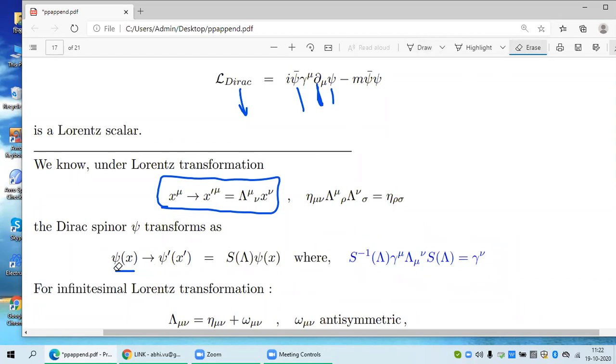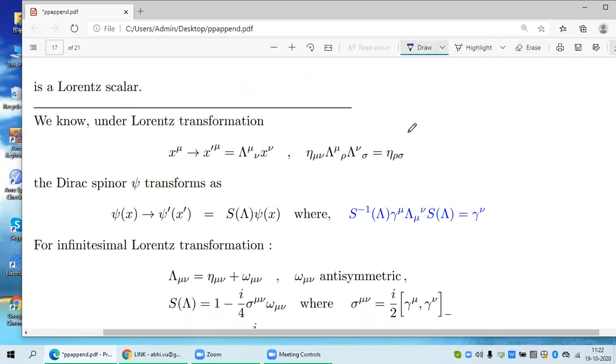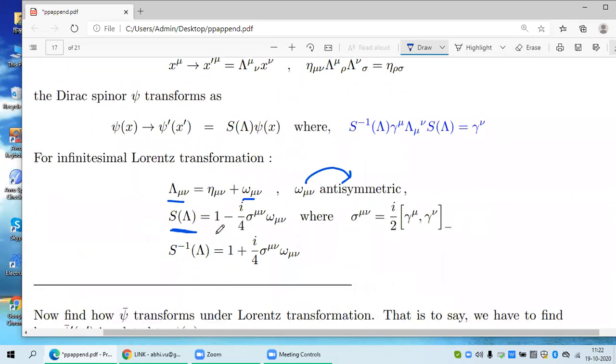Now I will also make use of this fact: if this Lorentz transformation is infinitesimal, where the parameter is antisymmetric, then this S has this form, which I have derived in the class, where sigma mu nu is the commutator of gamma mu and gamma nu divided by 2i. Clear?